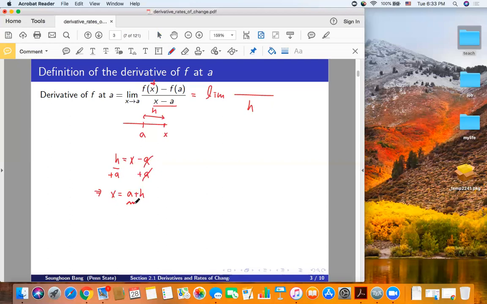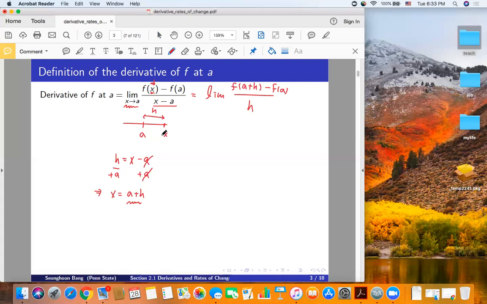You plug this value into x. So we have f of a plus h minus f of a.